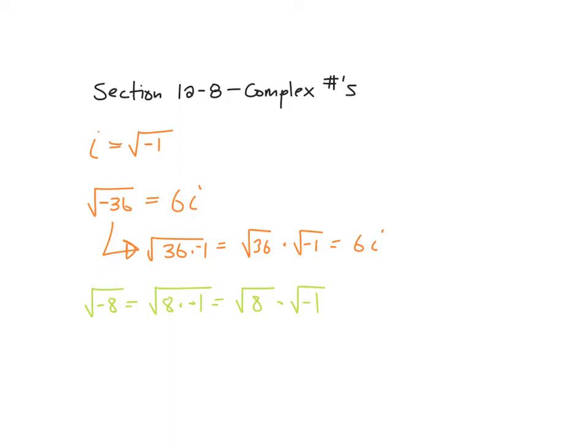Now, 8 we know we can break down into 4 and 2. 4 is a perfect square, so the square root of 8 becomes 2 square root of 2, and the square root of -1 is i. Now we need to be careful when we write these, because with 2 square root of 2 i, I want to make sure it doesn't look like I have the i underneath my square root. So I want to make sure there's enough separation so that it stays separate from that.